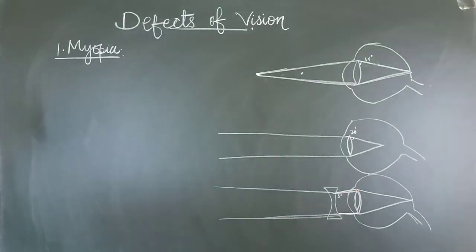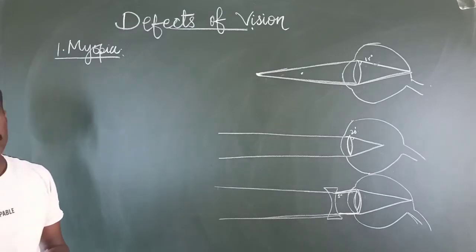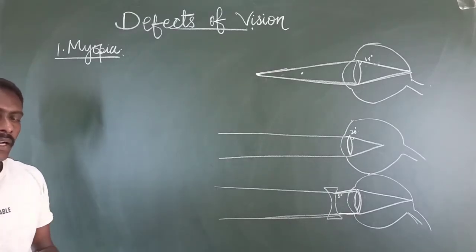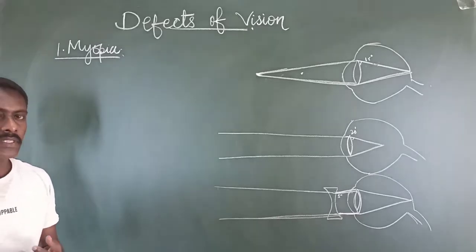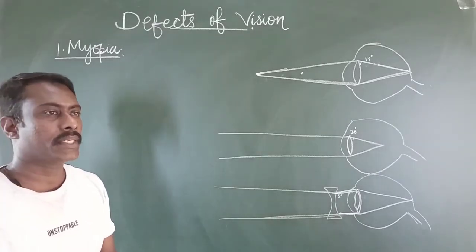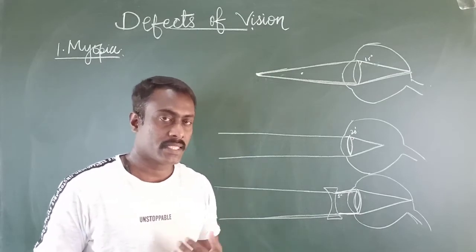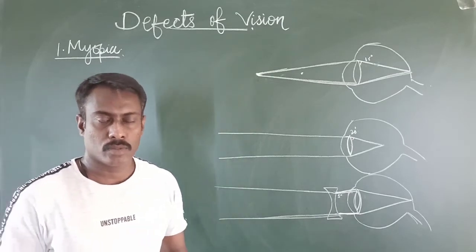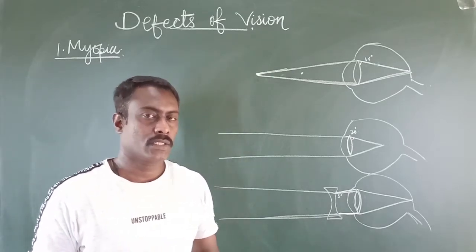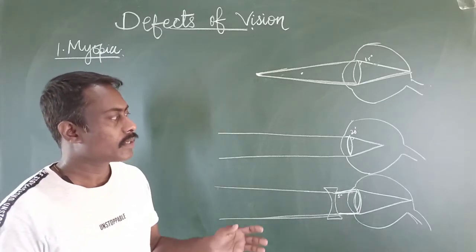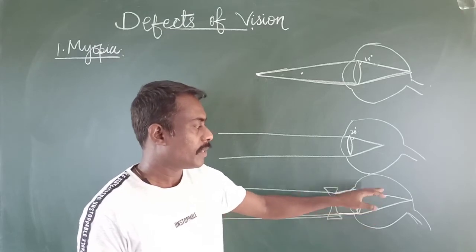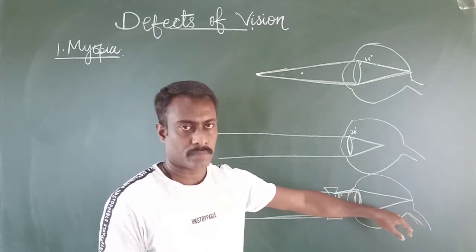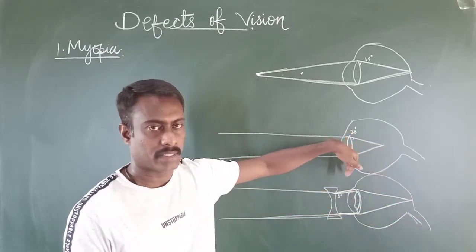What is myopic eye? The myopic eye is unable to see far away objects clearly. And what is the reason for this? It is due to the excessive curvature of the eye lens or the elongation of the eyeball. So the eye lens is unable to produce a clear image on the retina, but in front of the retina.